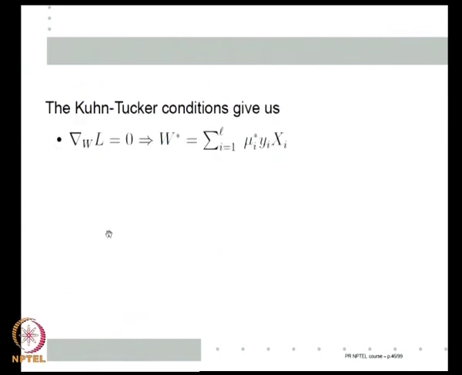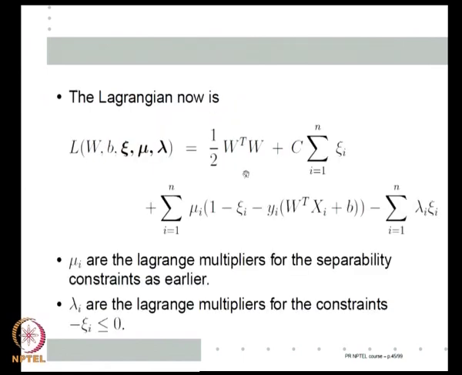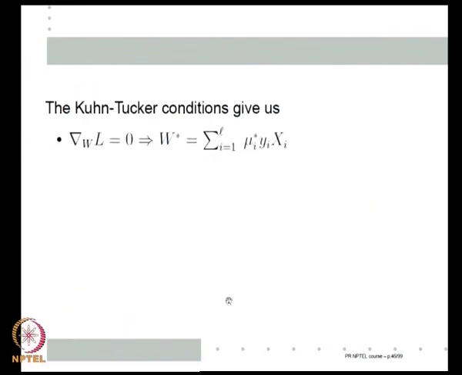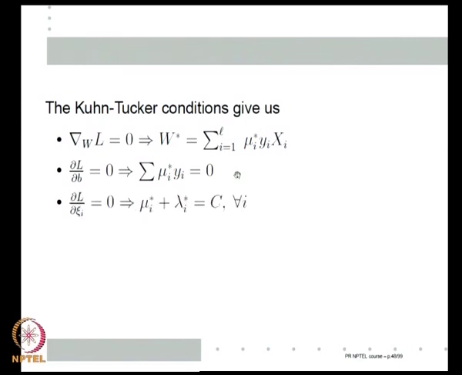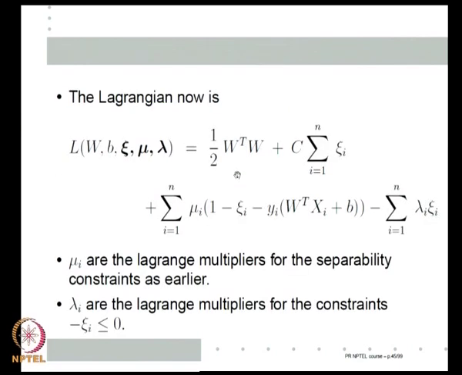So, let us write all our Kuhn-Tucker conditions. First, the gradient of L with respect to W is equal to 0. The function is still the same, it has not changed. So I get one W from here and I get mu I yi xi here. So the gradient with respect to W equal to 0 still gives me the same old thing, W star is the summation over I of mu I yi xi. Similarly, with respect to B, I get the same old thing. What will it give me if I differentiate with respect to each of the Ji's?